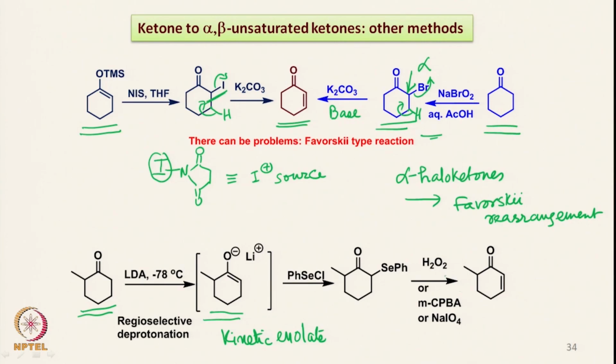Upon oxidation with either hydrogen peroxide, metachloroperbenzoic acid or sodium metaperiodate, basically you have to do the reaction under careful conditions so that you make the selenoxide, and this selenoxide then undergoes elimination to form the double bond.